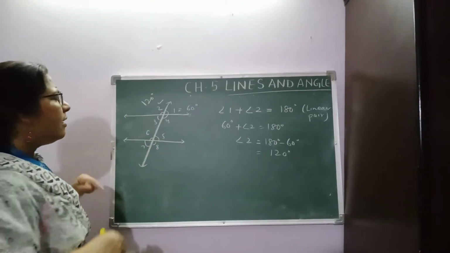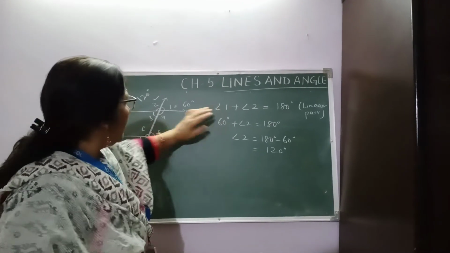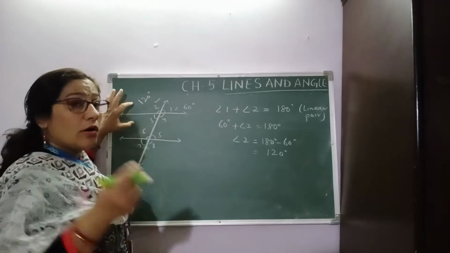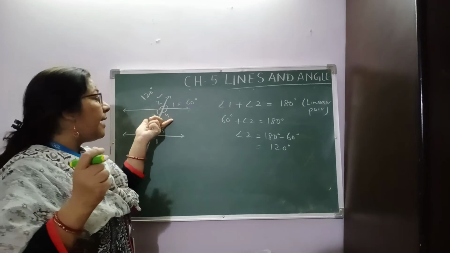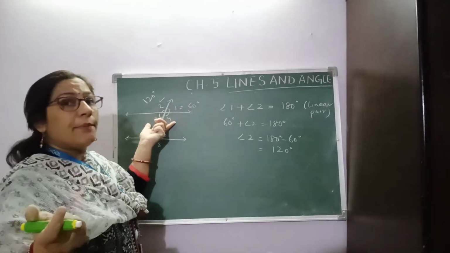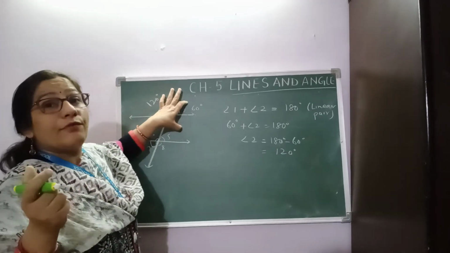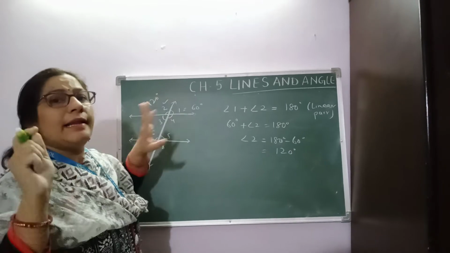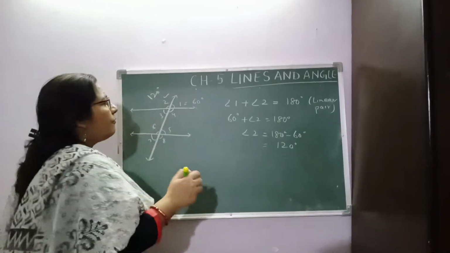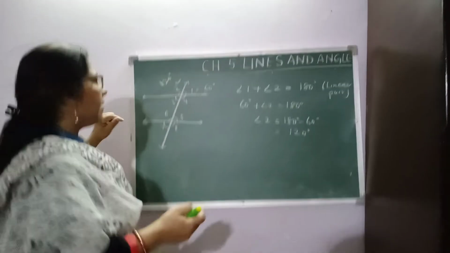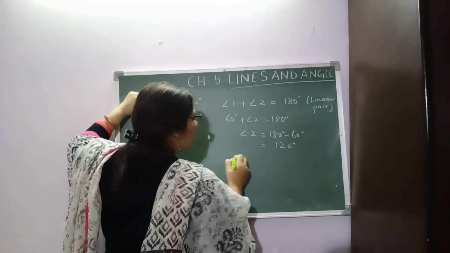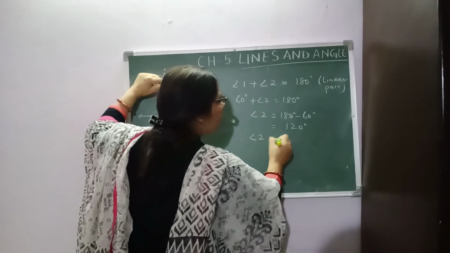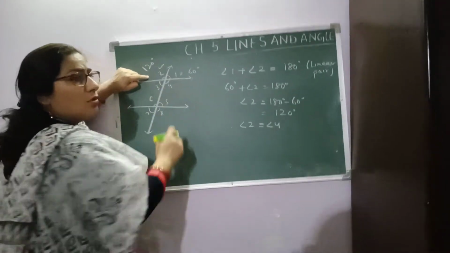In the same way, you can apply the linear pair to angle 2 plus angle 3. Angle 3 and angle 4, and angle 4 and angle 1, can also be proved by linear pair. But we will learn more things. Angle 2 is also equal to angle 4. How?